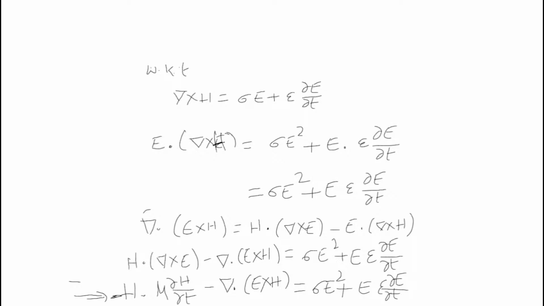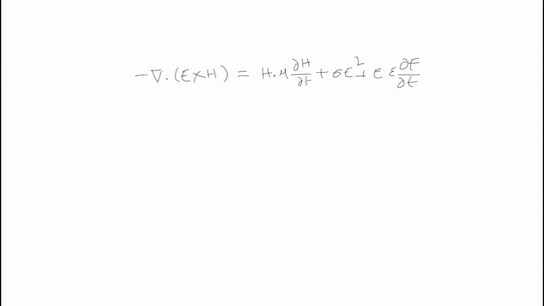Let us send this term to the other side. On the left-hand side we have minus del dot E cross H, and the other term, minus H dot mu dou H by dou t, becomes plus H dot mu dou H by dou t. And already on the right-hand side we have sigma E square and E into epsilon dou E by dou t.